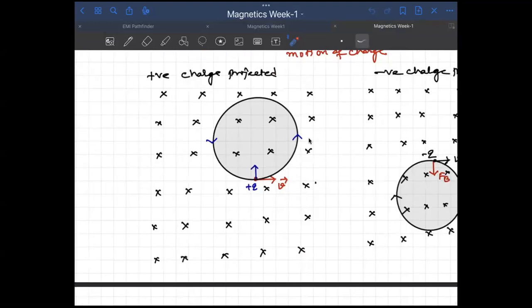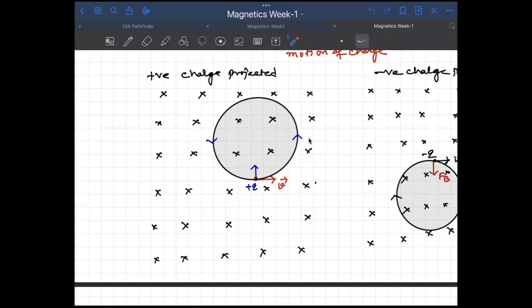In such a field, you project a charge with a velocity v bar. Now stretch your left hand, 3 fingers like this. Now point your pointing finger into the plane of the paper such that the central finger is a tangent at the point shown.